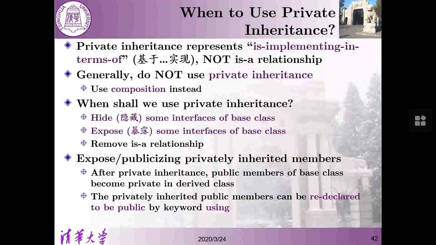So private inheritance actually represents implementing in terms of, because anyway, we can inherit something into the derived object, so we can access it when we define the member functions of the derived class. So we can still implement some functionality based on the base class functions, or base class interfaces.